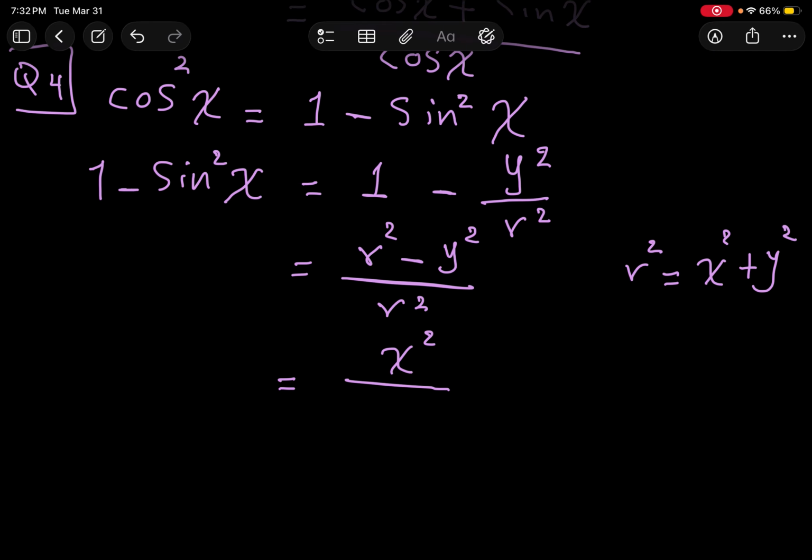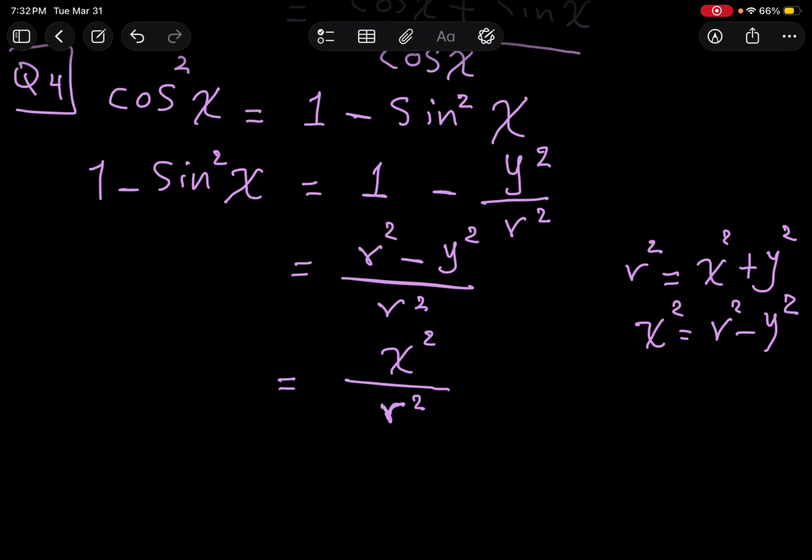For this reason, x square equals r square minus y square, over r square.